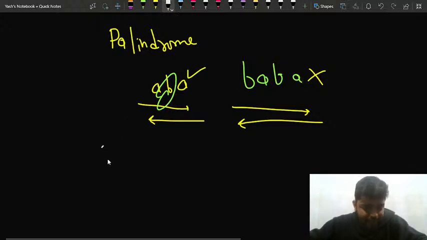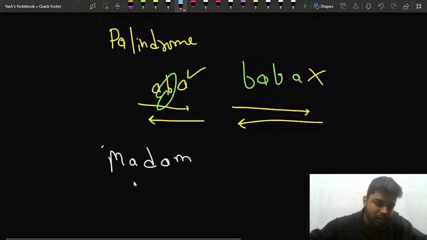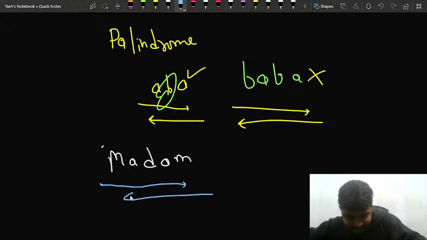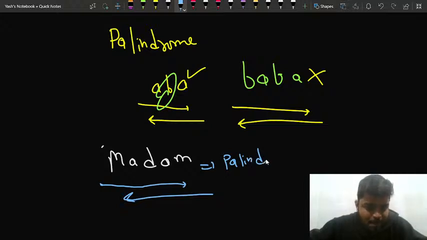Yes. Let's say we have the string MADAM. From left to right it is MADAM, and from right to left as well it is MADAM. So this is also a palindrome.